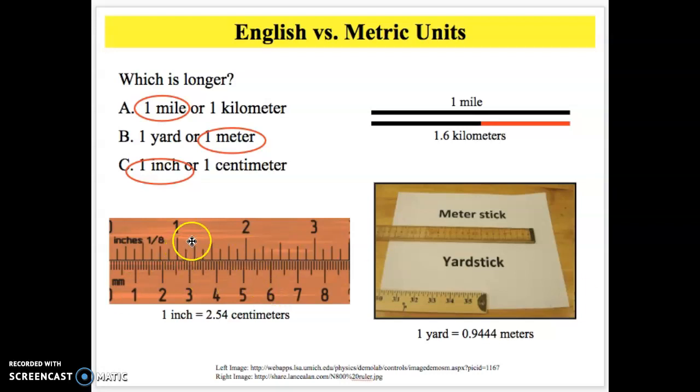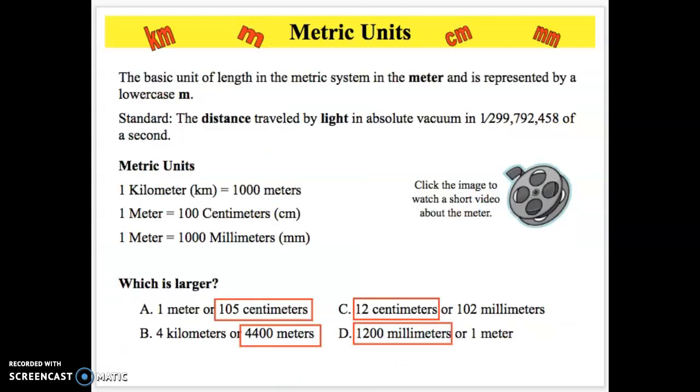And you can see over here when you compare the inch to the centimeter, 1 inch equals 2.54 centimeters. So a centimeter is a little bit larger than an actual inch.